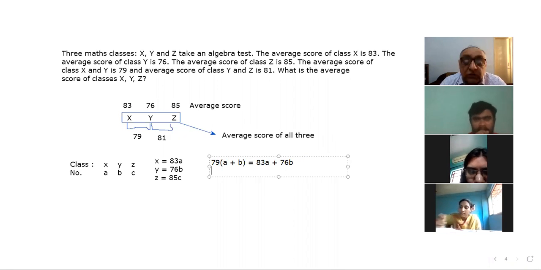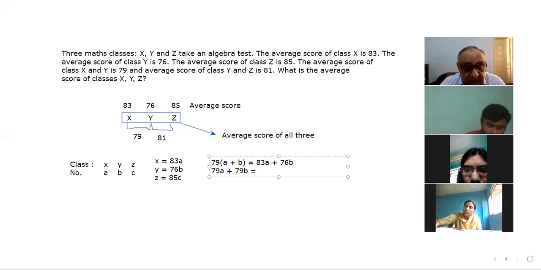So now, 79A plus 79B is equal to 83A plus 76B. Is it okay?